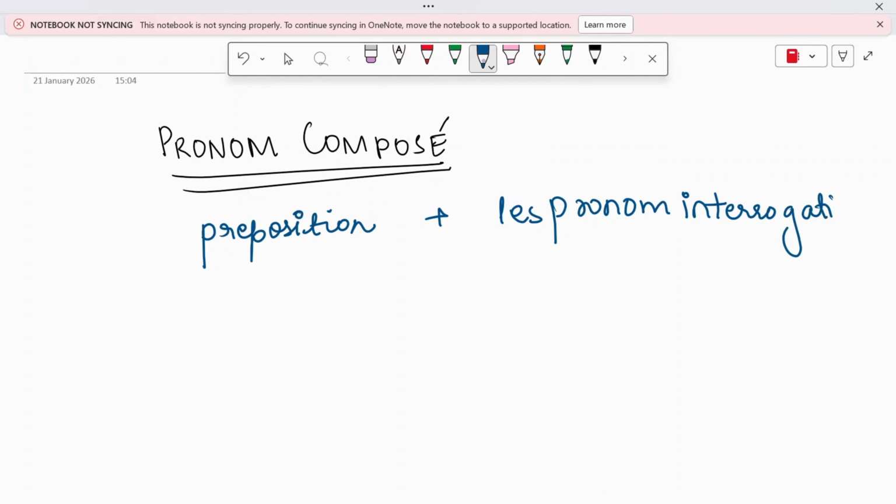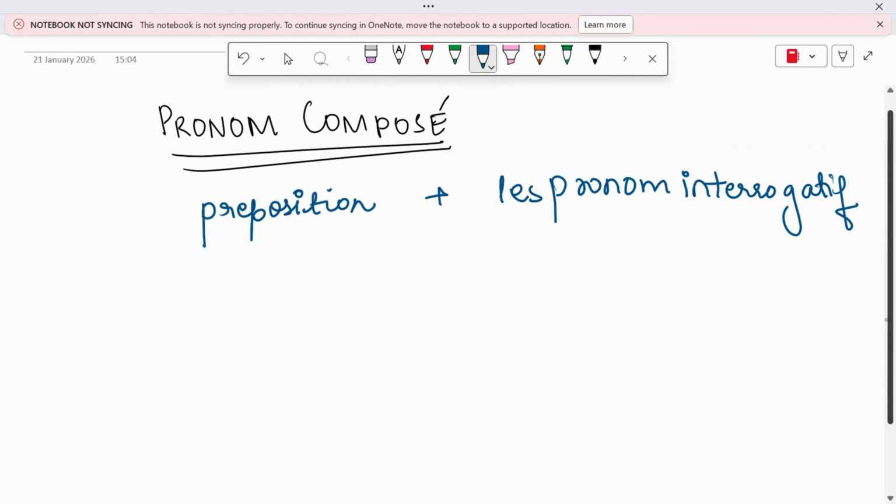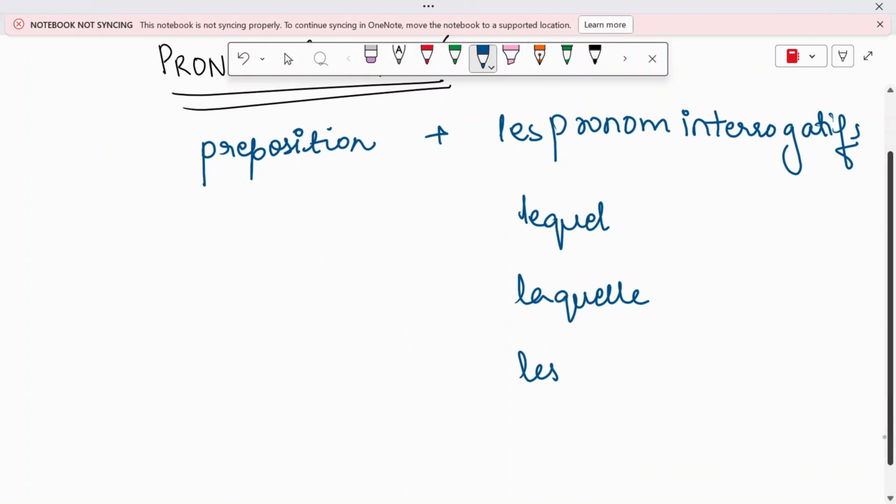So what are the interrogative pronouns? Masculine singular, it will be lequel. Feminine singular, laquelle. Masculine plural, lesquels. Feminine plural, lesquelles. Your preposition can be anything.